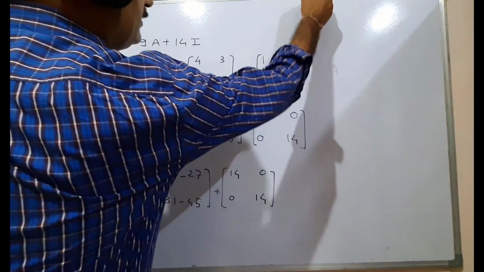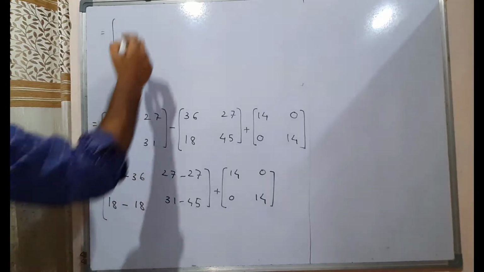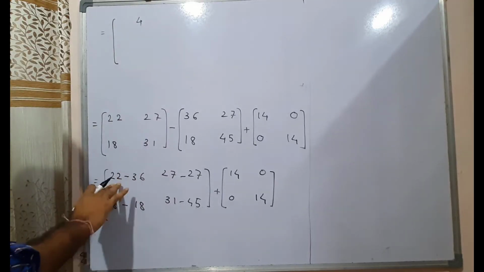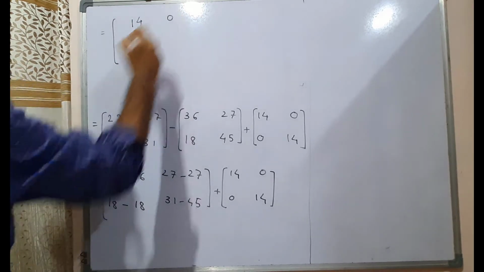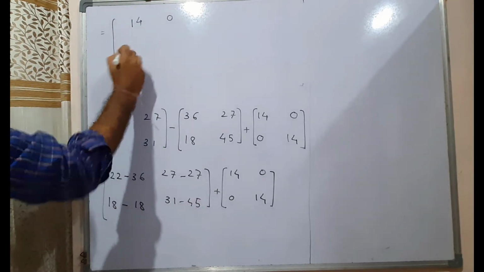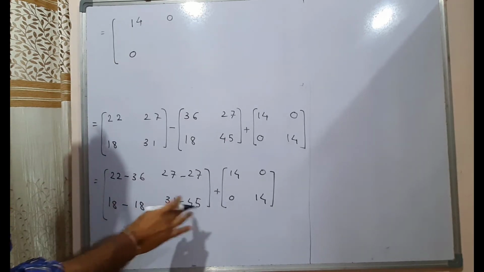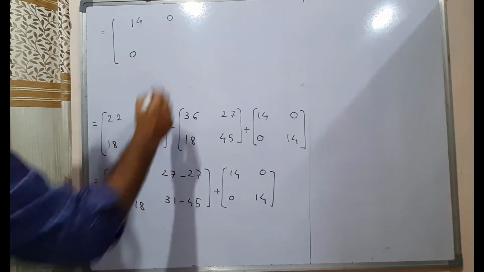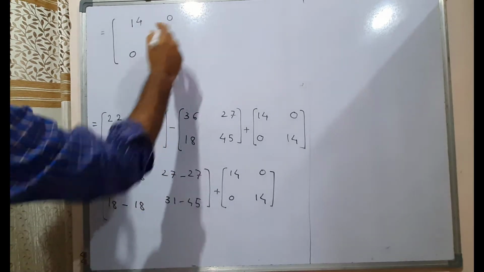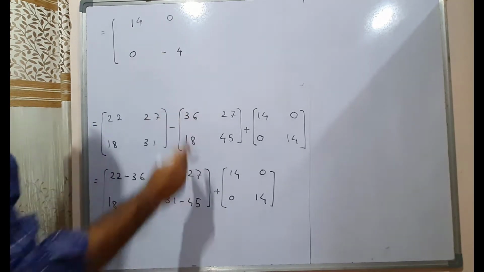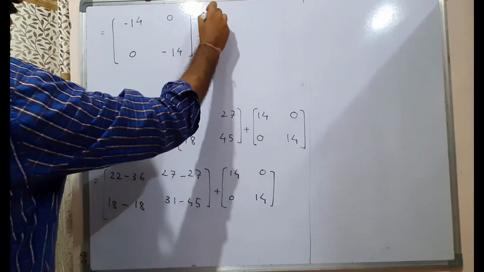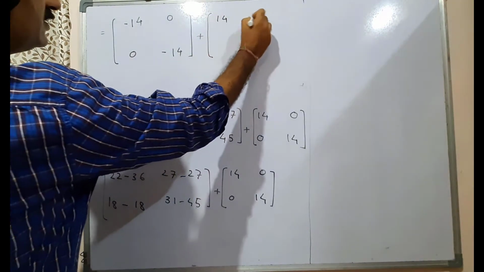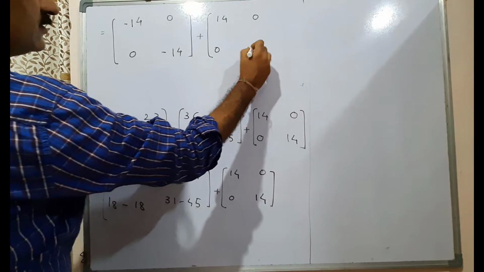So take the calculation here. 22 minus 36 is minus 14, 27 minus 27 is 0, 18 minus 18 is 0, and 31 minus 45 is minus 14, plus the matrix 14, 0, 0, 14.